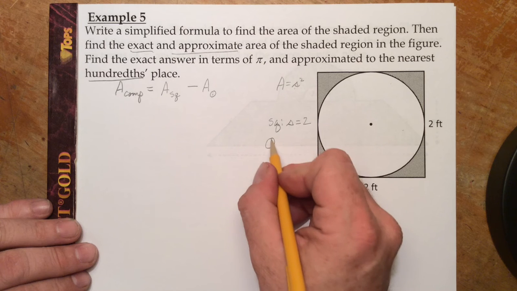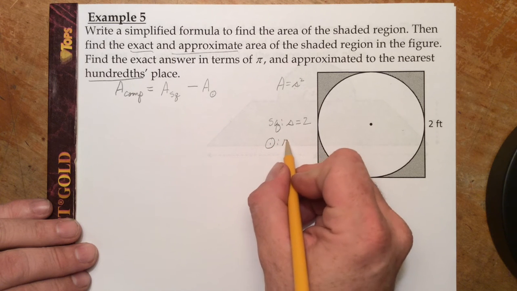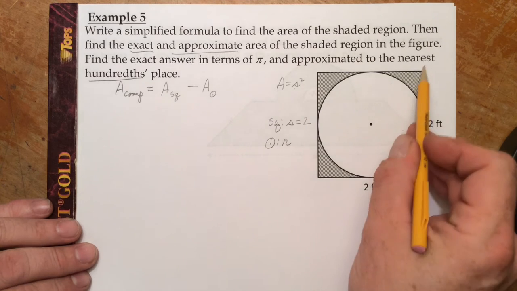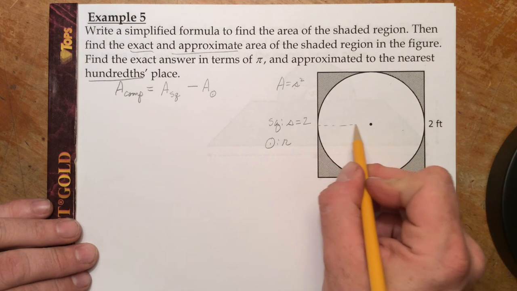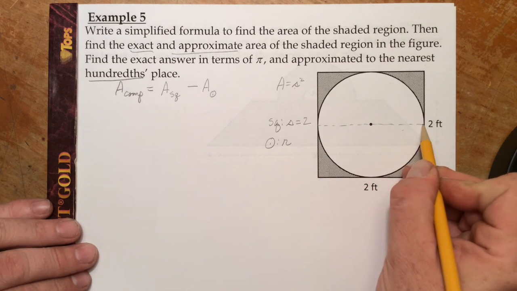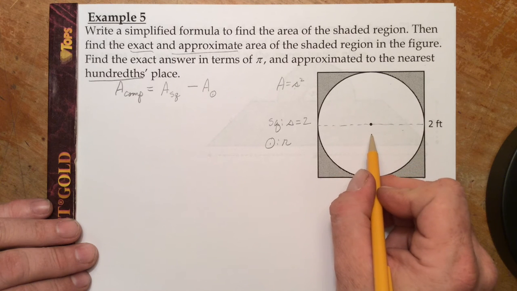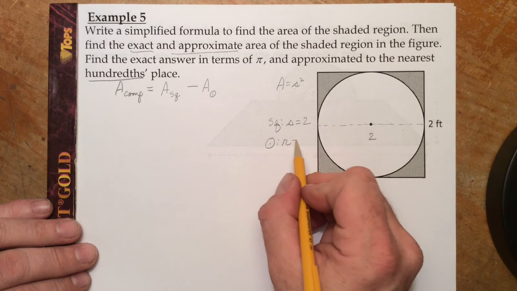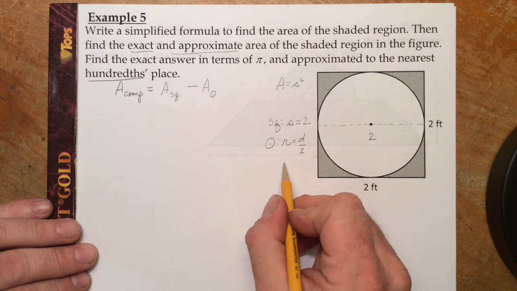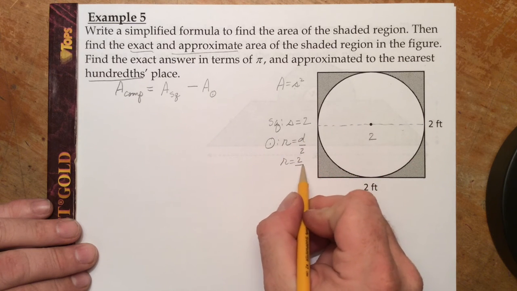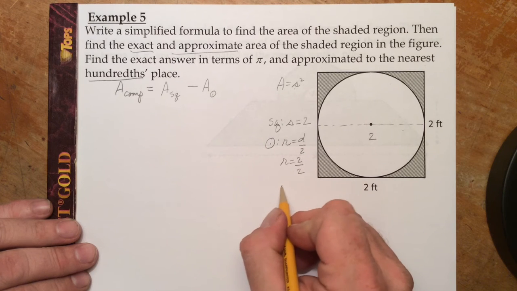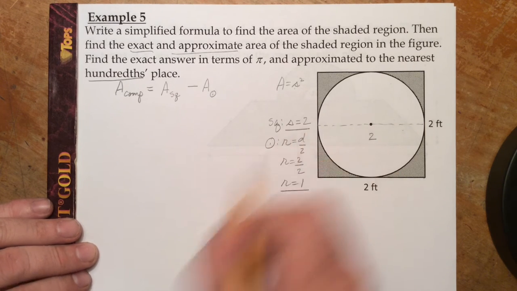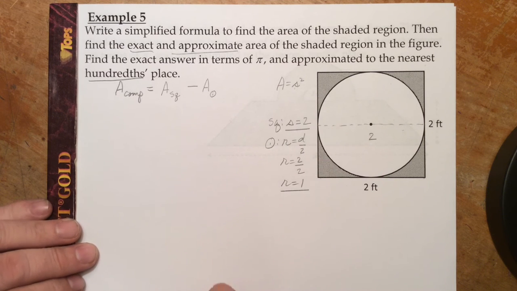For our circle, since this is 2, and this is 2, that means from here all the way across is also 2. That's the diameter. So the radius is half of that: the diameter is 2, divided by 2, you get 1. So the radius is 1, and the side length of the square is 2.